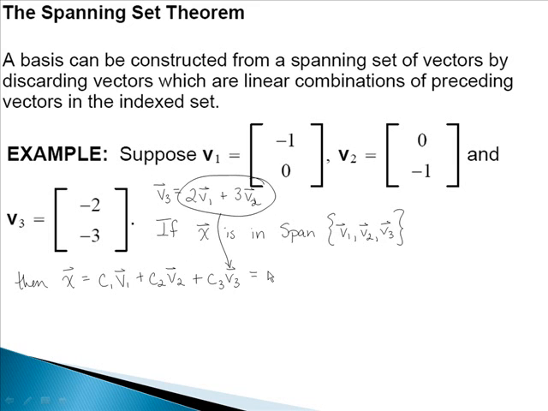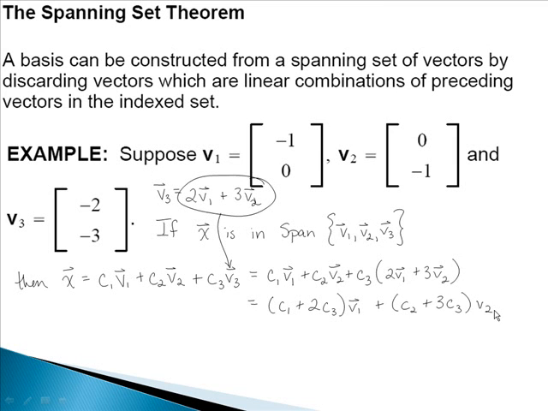So I rewrite x as c1 v1 plus c2 v2 plus c3 now times (2v1 plus 3v2). Doing a little algebra, we see then that we get (c1 plus 2c3) times v1 plus (c2 plus 3c3) times v2.